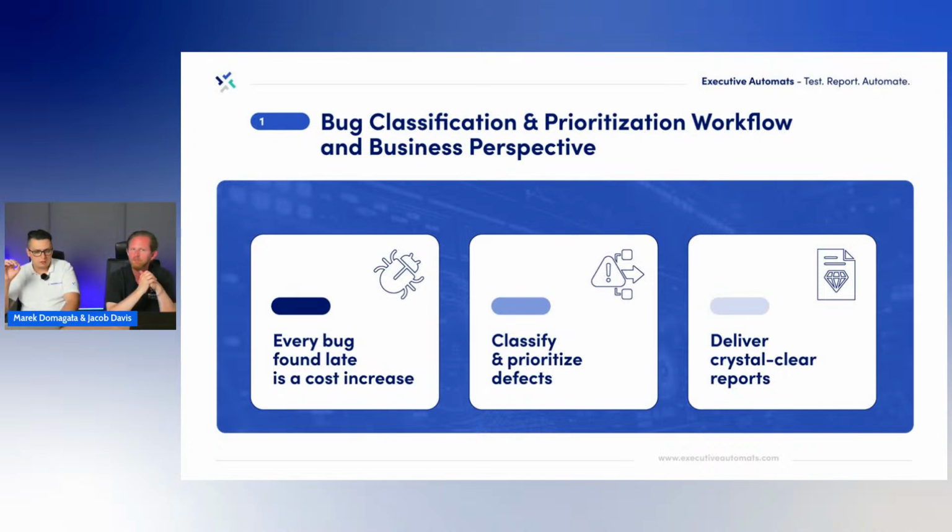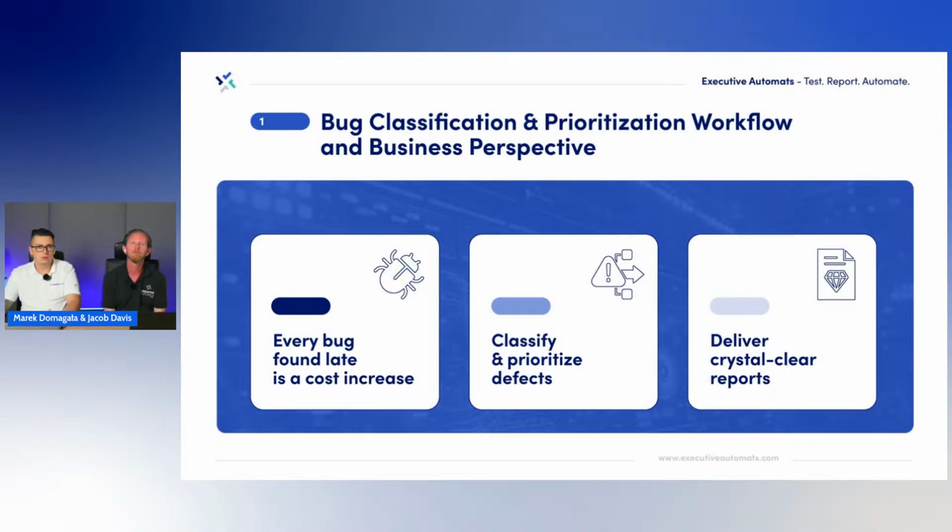Let's say the fourth level will be the lowest priority, and the first one will be the critical, which needs to be fixed straight away. So the level 4 will be cosmetic issues, which can be fixed later, in the next iteration, because maybe developers need to focus on the more important things.